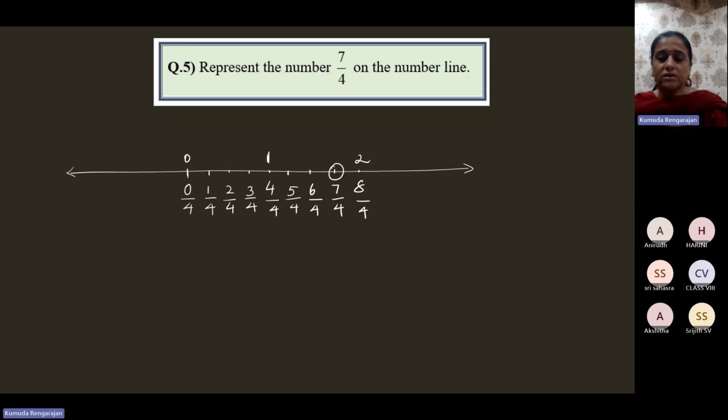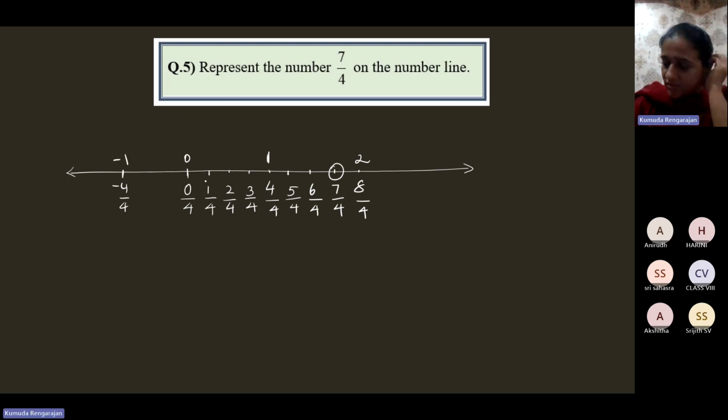So 0, we'll write it as 0 by 4. I've shown only the positive side of the number line because we'll have to represent this positive rational number 7 by 4. So you don't have to show the negative part of the number line, or you can just show minus 1 if you want. Minus 4 by 4, which is minus 1.